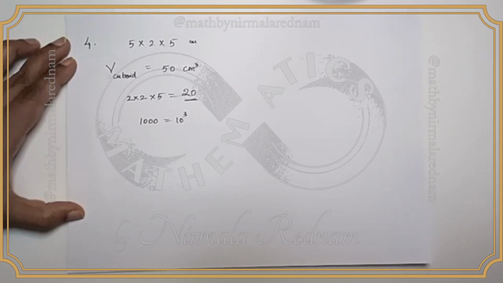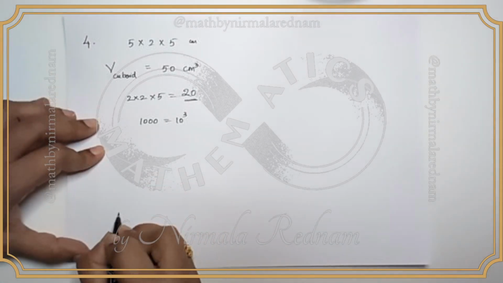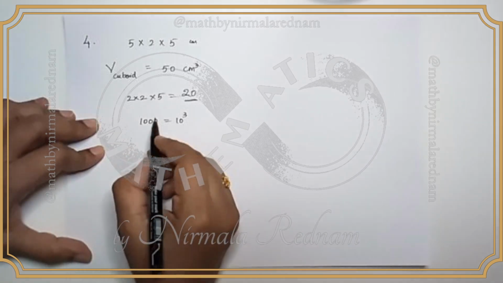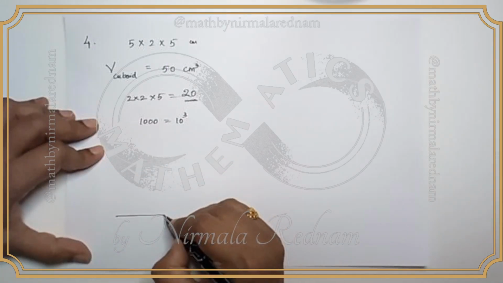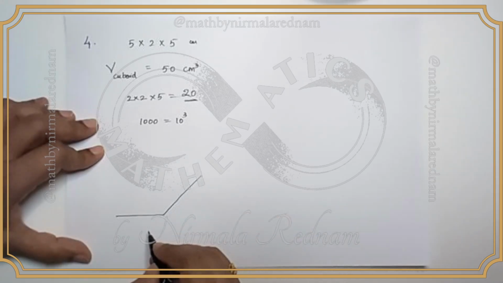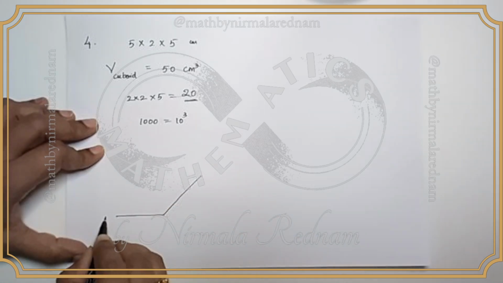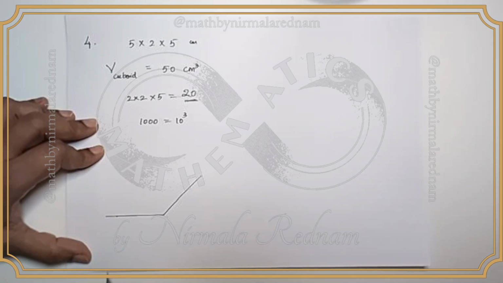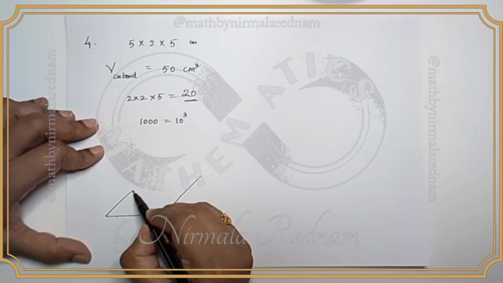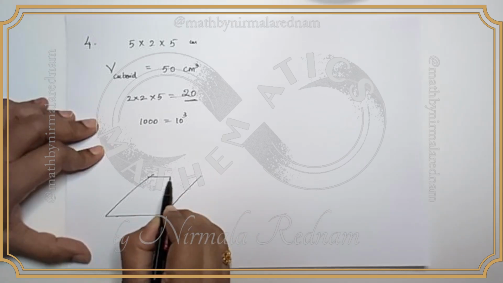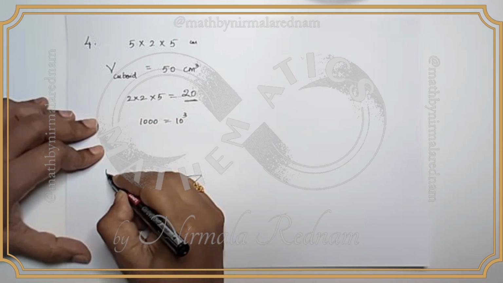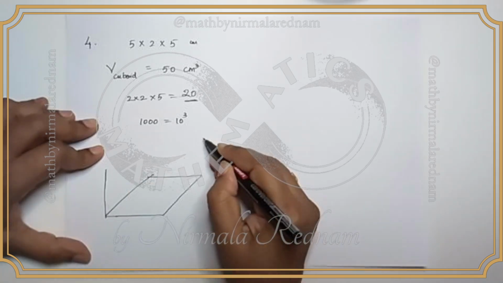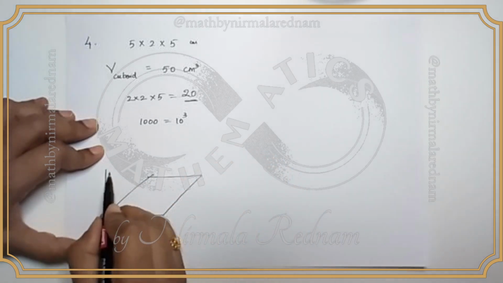But let's also try to visualize it, because they have given us a cuboid. Now that I know it's 10 cube, I want to make length, breadth, right, and height, all the three should be equal to 10 centimeters, right? So I'm going to try and draw this.